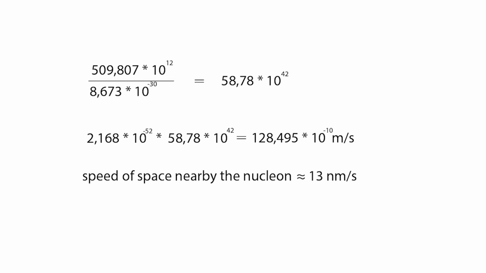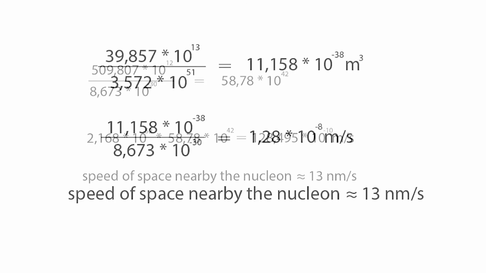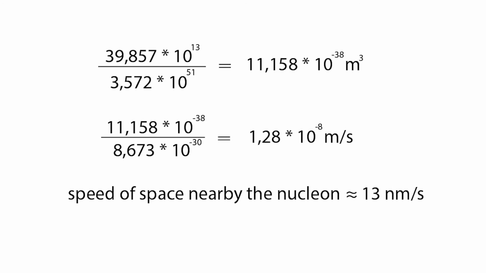And we get the next value. The third method: we need to calculate the volume of space that enters into one nucleon per 1 second. And then, dividing that volume by the surface area of the nucleon, we get the same value of speed as in the previous method.